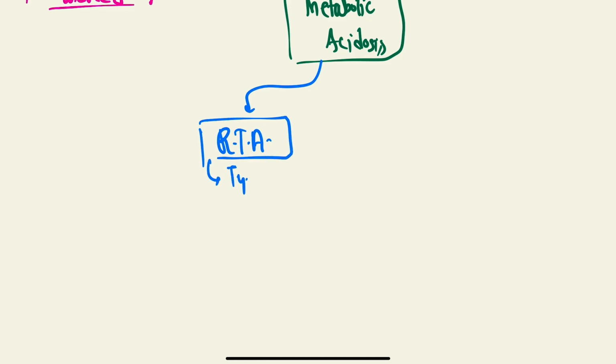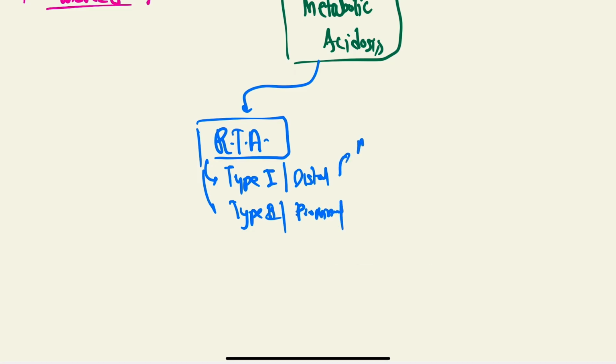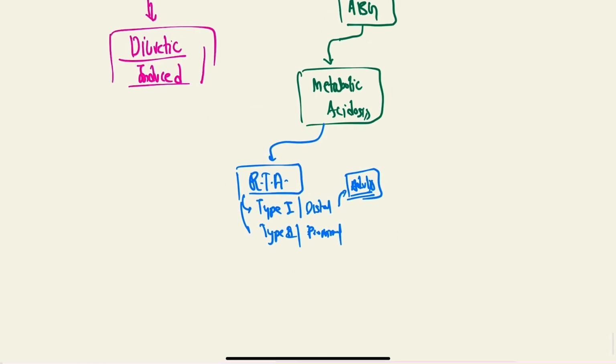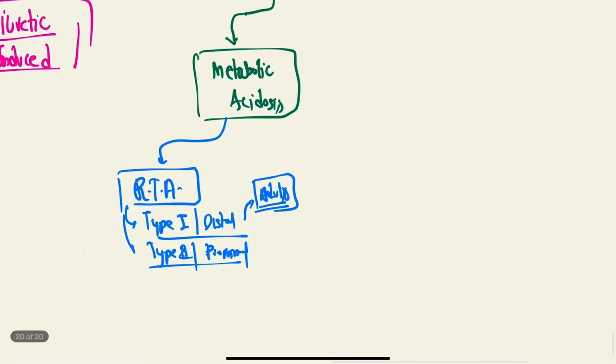This can be type 1, also called distal, or type 2, which is called proximal. In adults, we usually see distal RTA, so we further work up for that and treat accordingly.